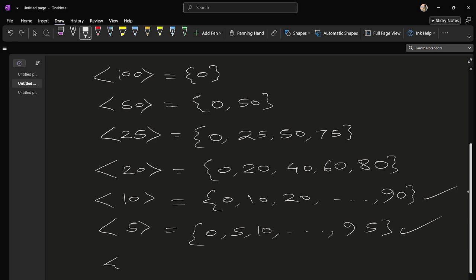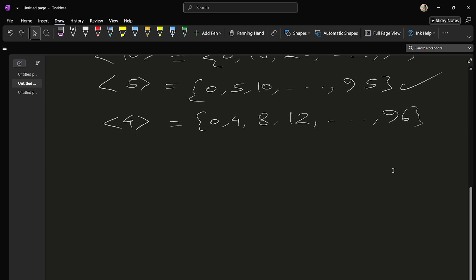Now the subgroup generated by 4, that means 100 by 25, is 0, 4, 8, 12, dot dot dot up to 96. We can see that 10 is not appearing here, since no multiple of 4 can be 10.